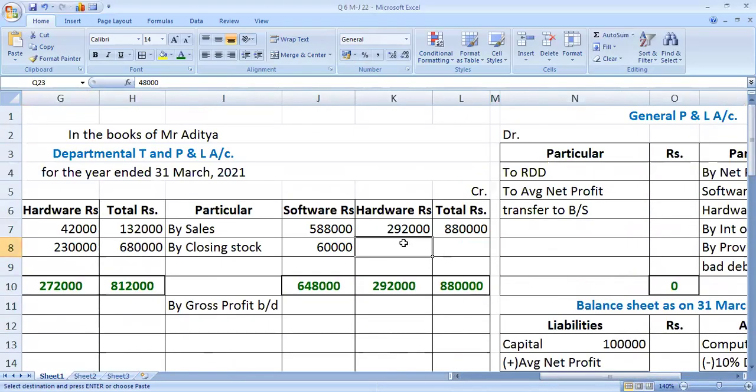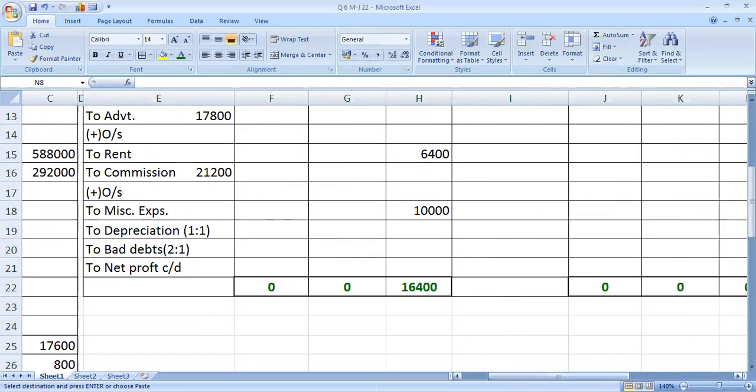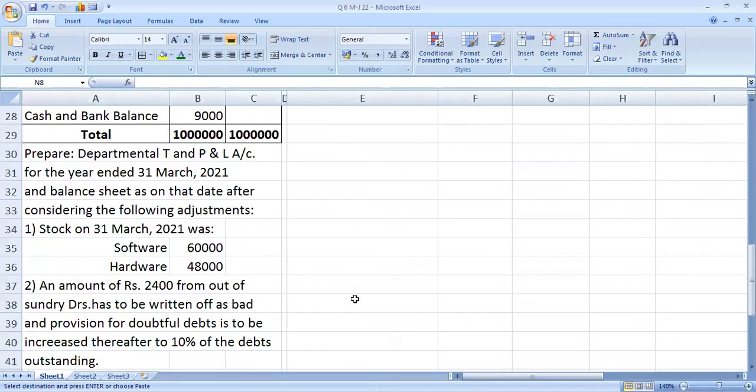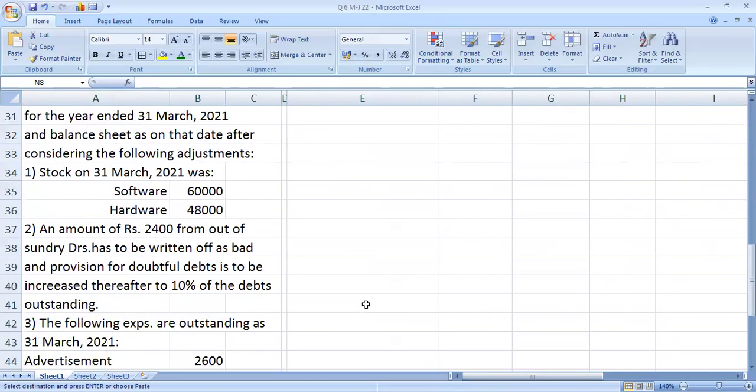Trading account credit side and balance sheet asset side. Adjustment number two. An amount of rupees 2,400 from out of sundry debtors has to be written off as bad debts, and provision for doubtful debts is to be increased thereafter to 10% of the debts outstanding.